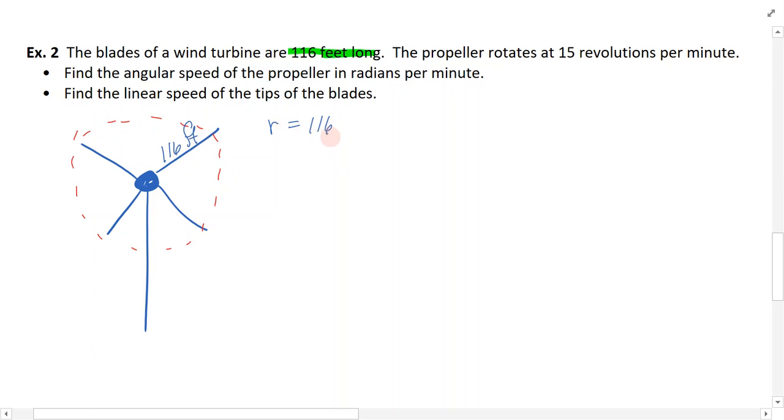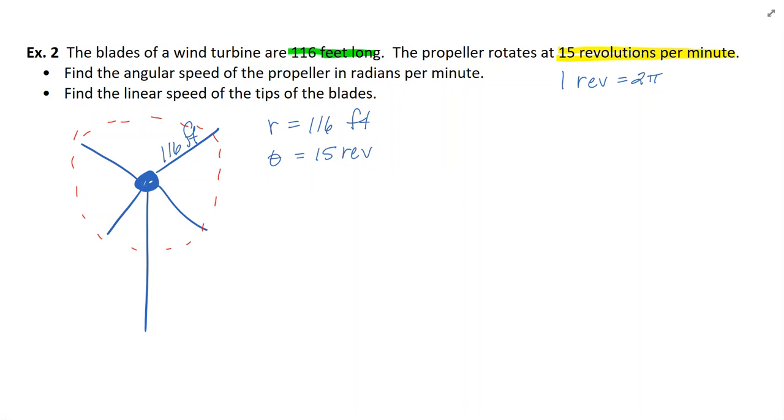Now the next thing we need to know is we are given in the problem that the propeller rotates at 15 revolutions per minute. Now that's important to us. We know that one revolution would be equal to 2 pi. So if we're thinking in terms of rotation, we're talking about theta here. Theta says that we're going to rotate 15 revolutions. But we have to change this into radians.